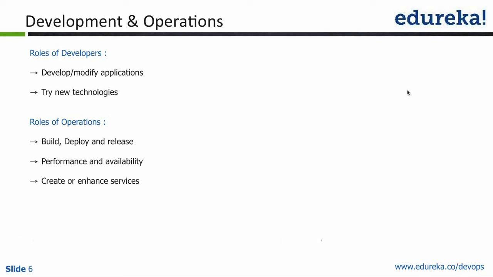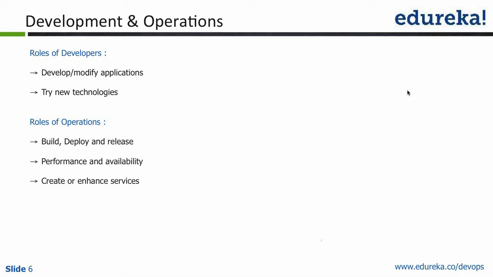Now, the role of operations is to build, deploy, and release the code all the way to production for the consumption of our end users. As operations, we also have a responsibility to have better performance and availability all the time for our applications.